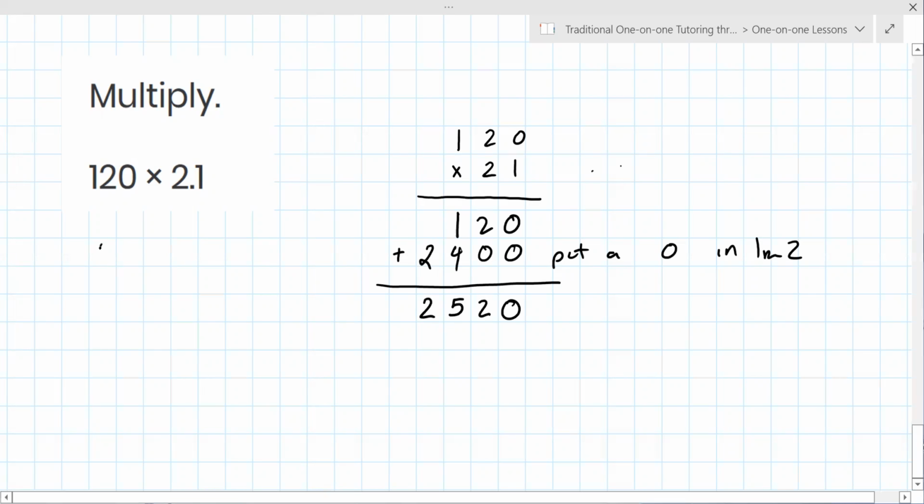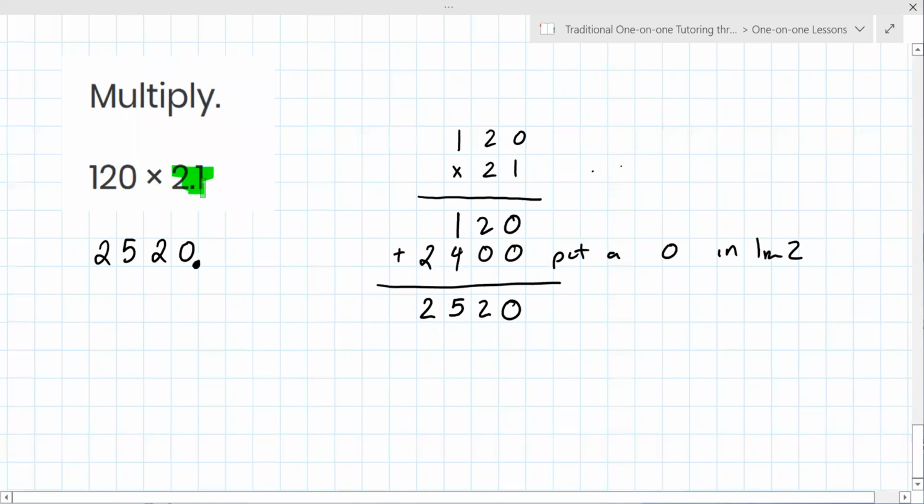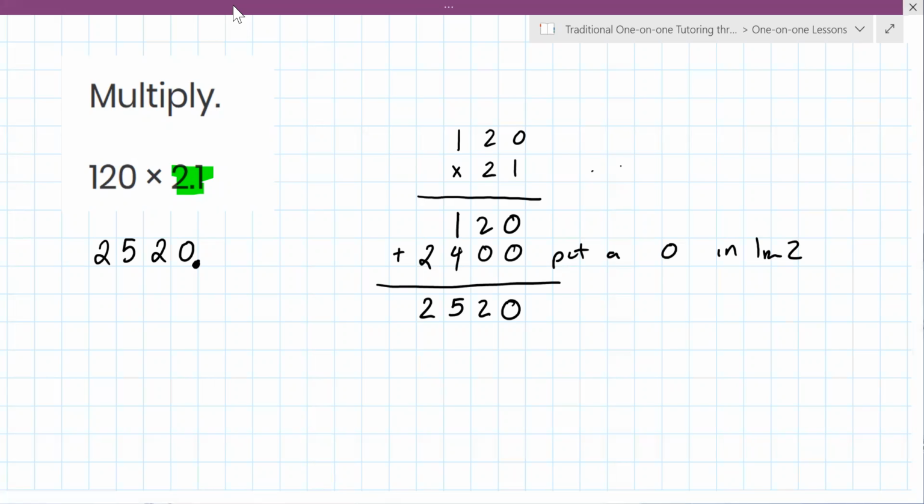Okay, so then 2520 is our answer, but where is the decimal? It's always to the right of that last digit. So how many decimals are there in this problem? I see 1. Okay, so there's 1 decimal.